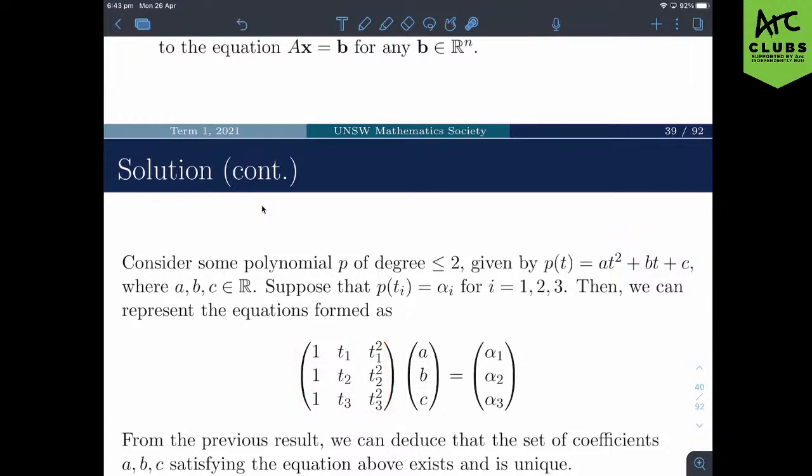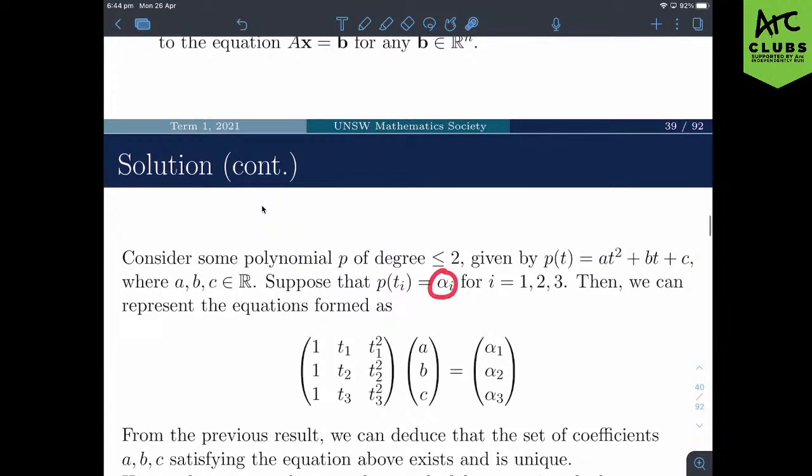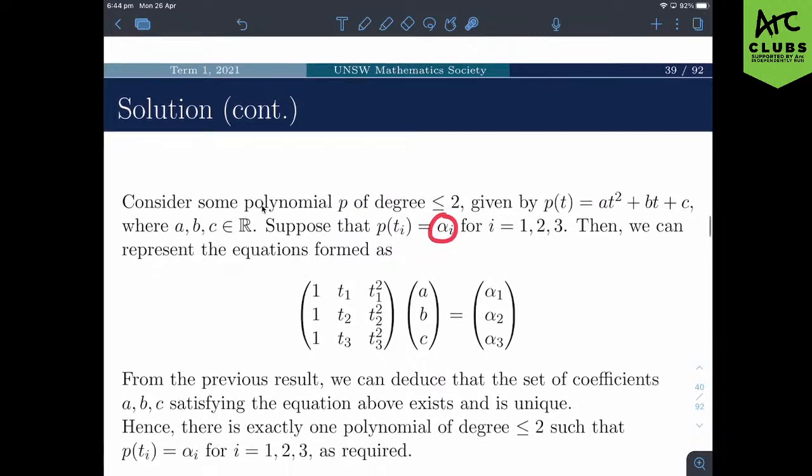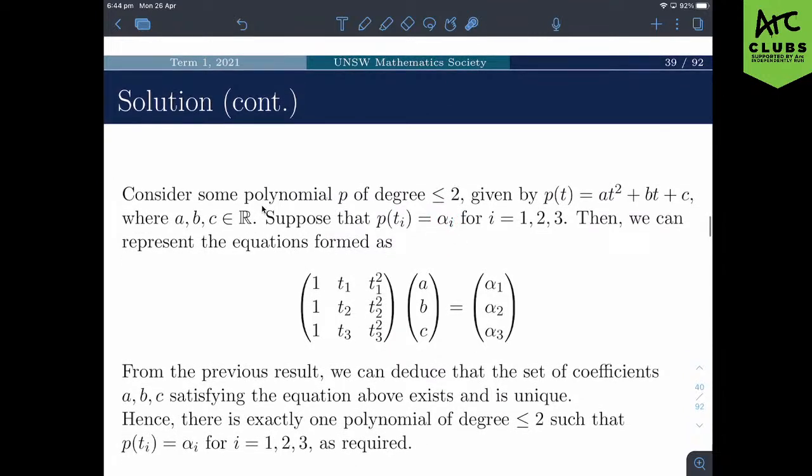We get this vector, and this vector is essentially representing the set of coefficients that PT will have. And alpha 1, alpha 2, alpha 3 are the values that we have on the right-hand side of the linear equations.